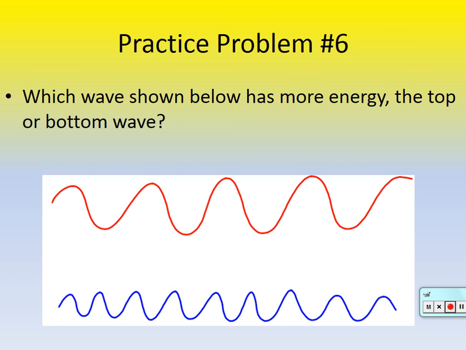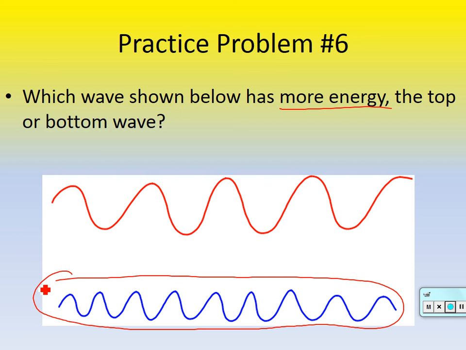Which wave shown below has more energy, the top or the bottom? More energy, guys. How is energy related to frequency? As frequency goes up, what happens to energy? Goes up. So which one has a higher frequency? The bottom one. Good job.